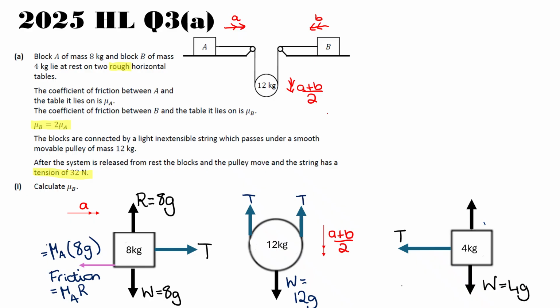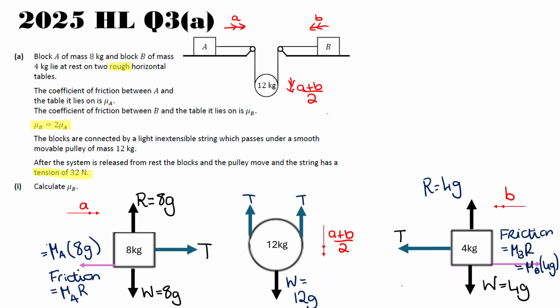It then has a reaction, which is equal to its weight because it's on a horizontal table. Its direction of motion is to the left, and that means its friction is opposing motion. Actually, I might just pop the reaction on the other side. So that is 4g. So we have enough space to do our friction, which is mu R. So that is mu B times R, which is going to be mu B times 4g in that case.